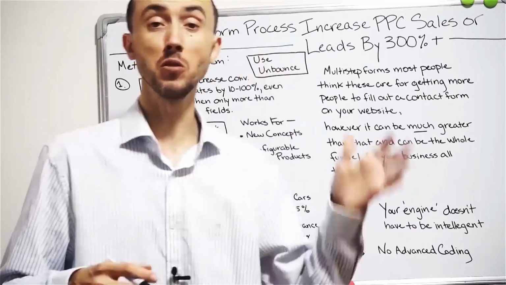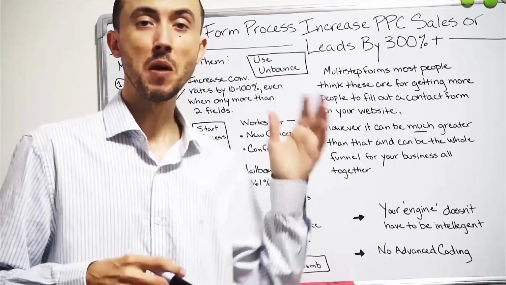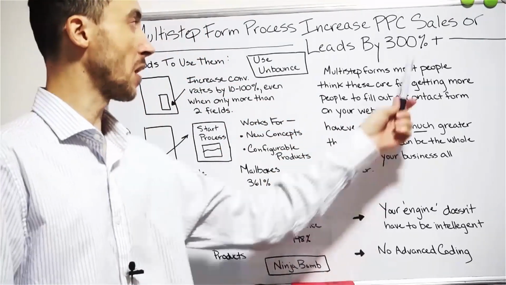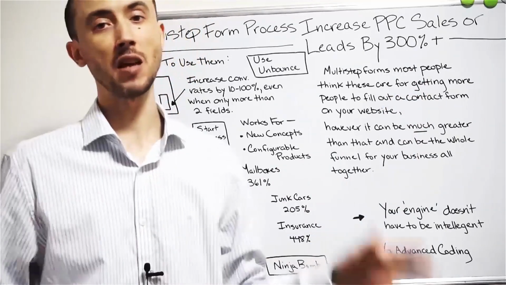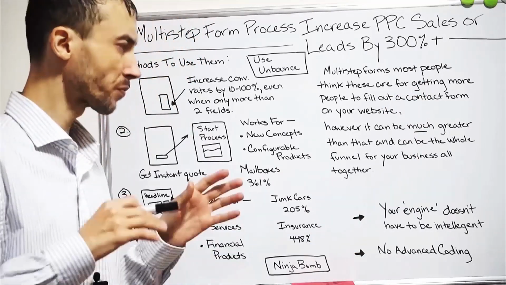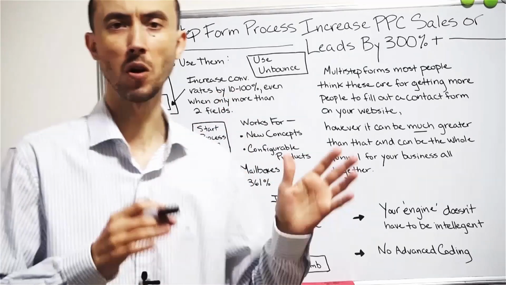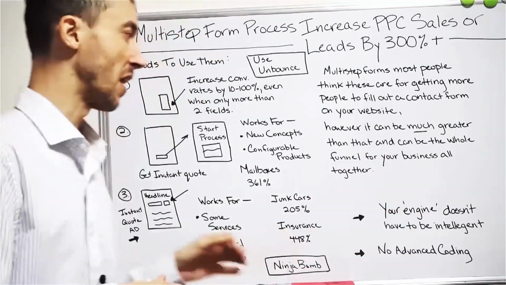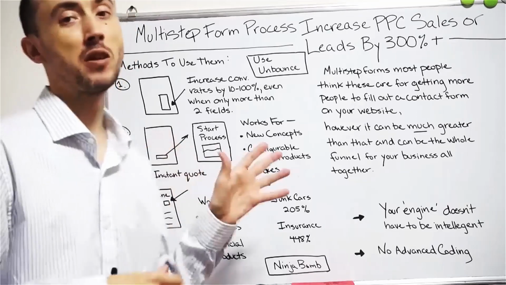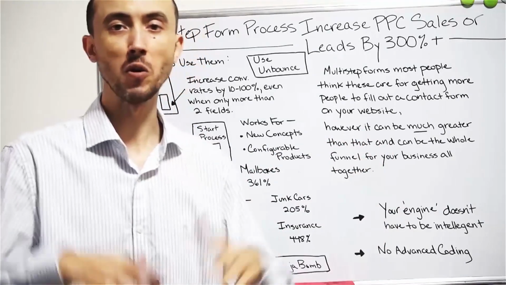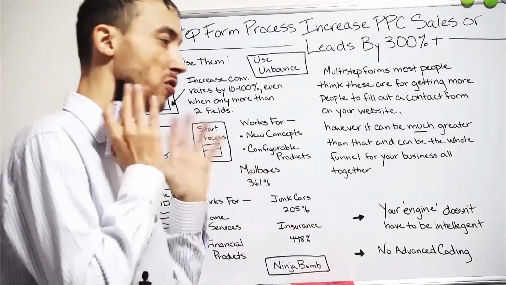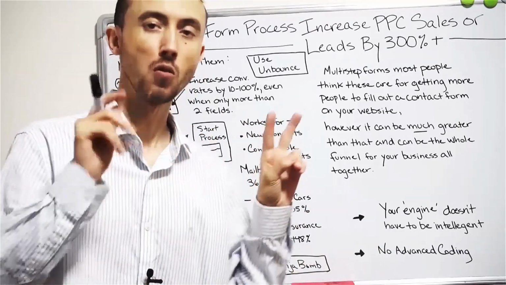I'll show how you can use that multi-step form to get upwards of 300% plus more sales on the same exact PPC traffic that you have, just by integrating this multi-step form process and the language in your ad to get way more sales out of what you're doing right now.